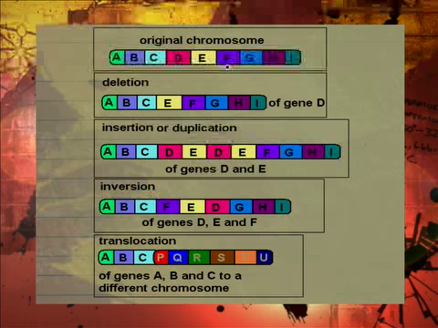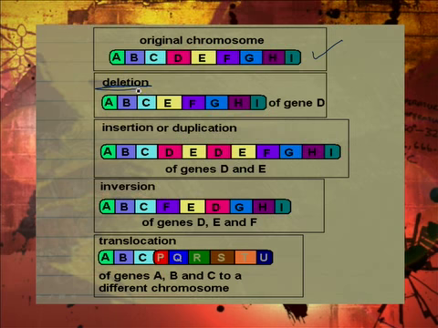Here is a scheme showing a whole lot of different kinds of chromosome mutations. We can see this up here was our original chromosome. What happens in the case of deletion of a whole gene? We've taken out gene D, it's been deleted.